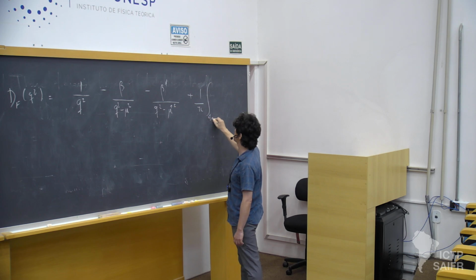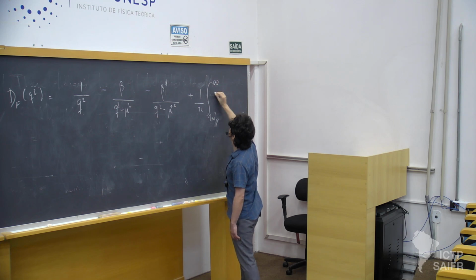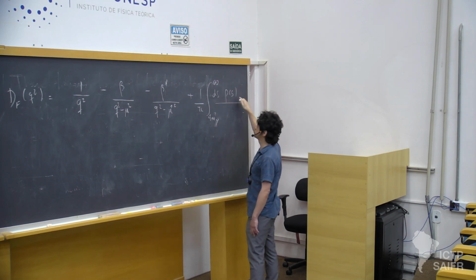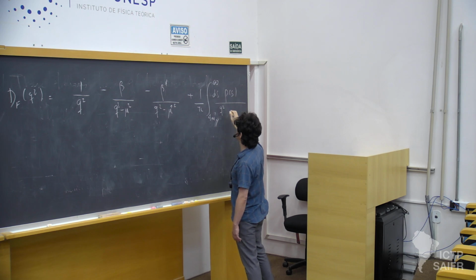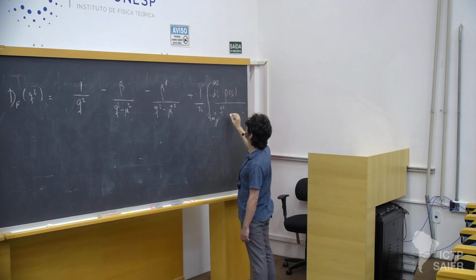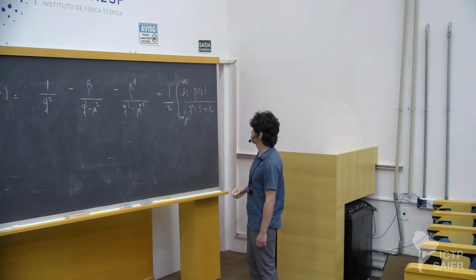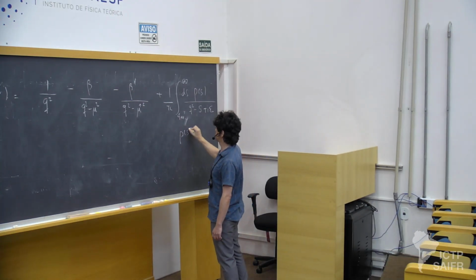It starts at 4m square and goes to infinity, ds of rho(s), and this is what we call the spectral function, which is always positive, over Q square minus s plus i epsilon. So rho(s) is always positive.